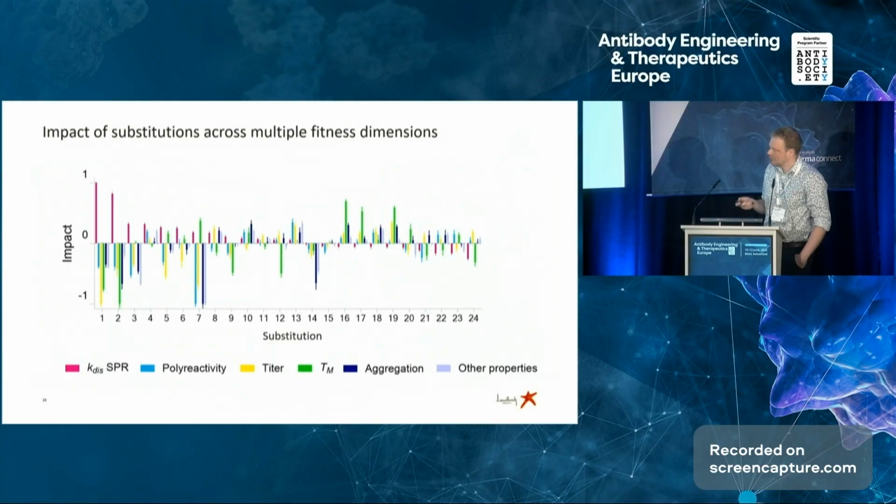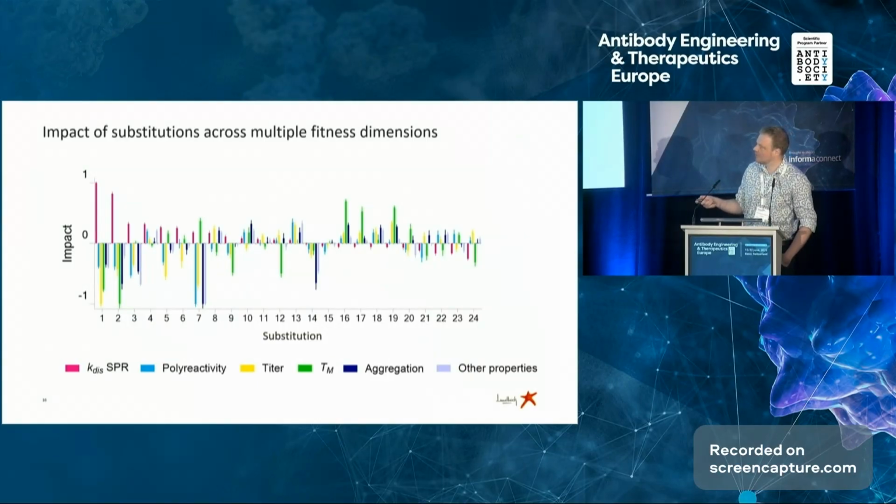We can also look across all dimensions. Here we have some substitutions plotted on all these different assays that we have taken them through. We have SPR and polyreactivity. And as you can see, if we would just take number one, for example, we often have quite opposite responses in the different assays.